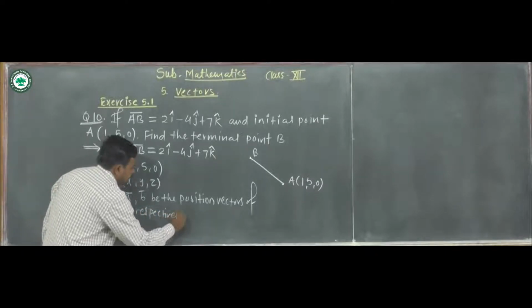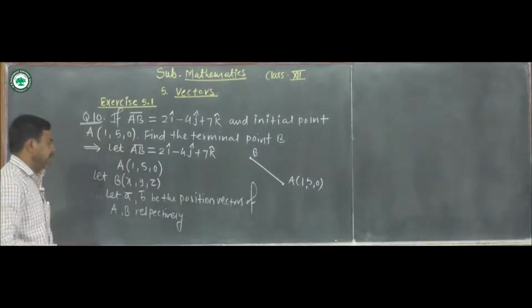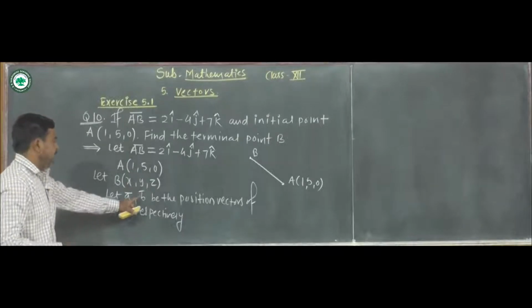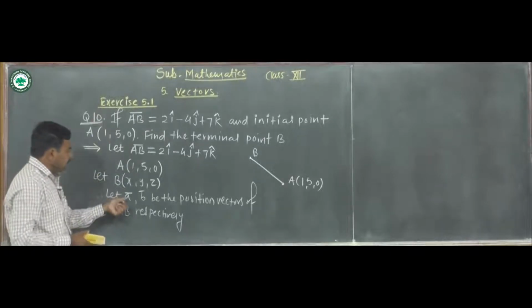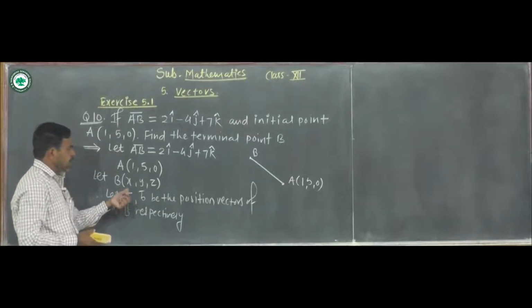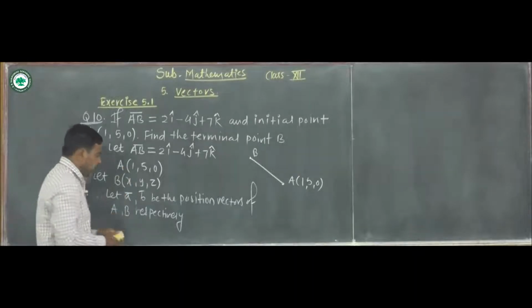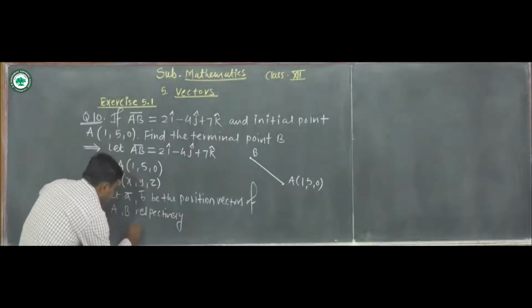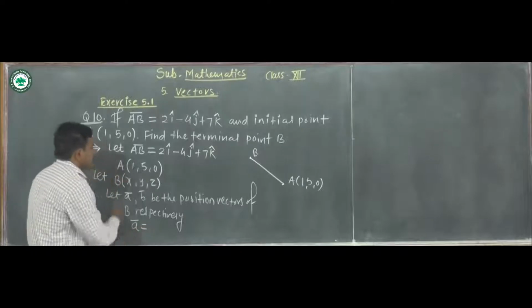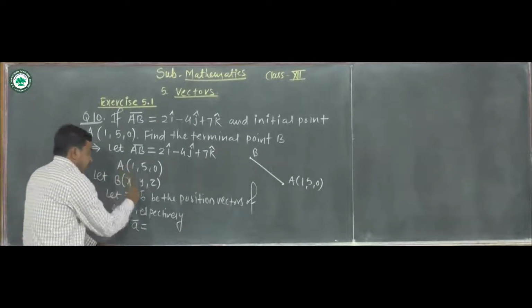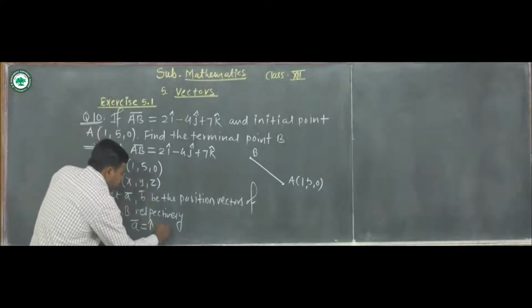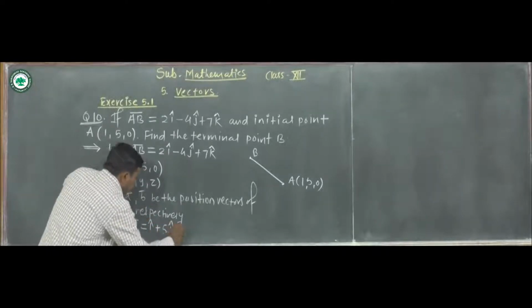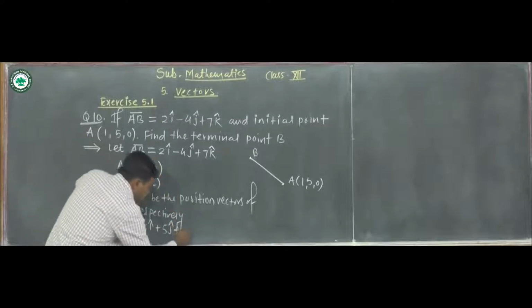As A bar is the position vector of the point A, we have A bar equal to 1 into i cap plus 5 into j cap plus 0 into k cap.